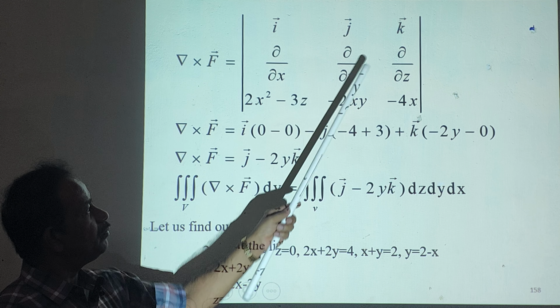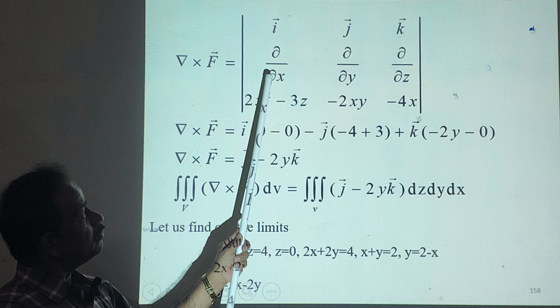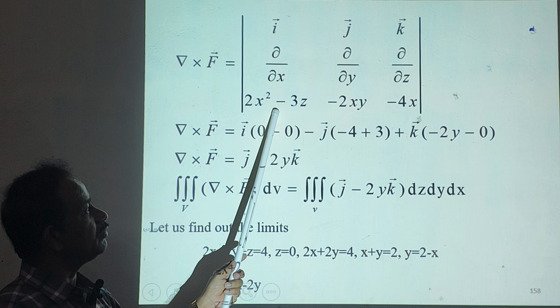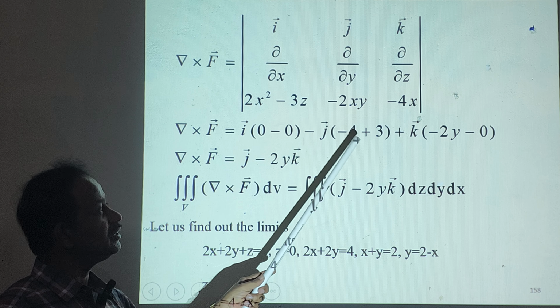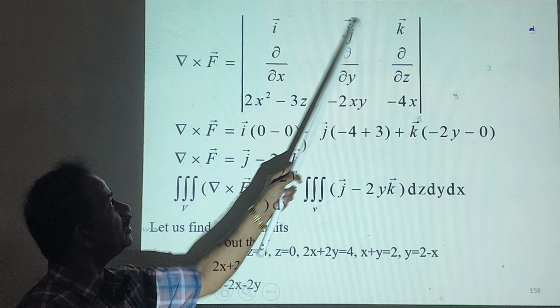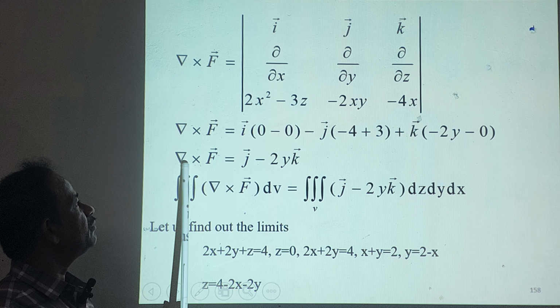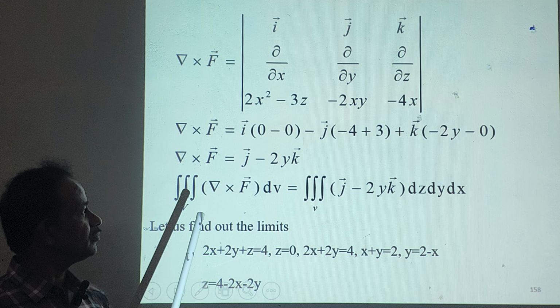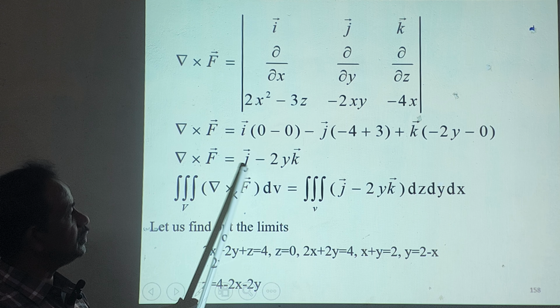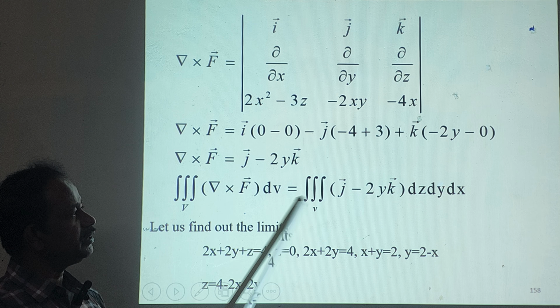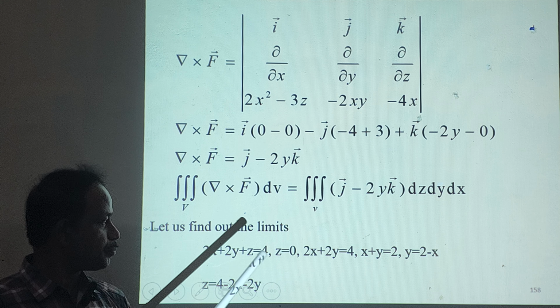Minus j, we have this one and this one, that will give you minus 4. And this one and this one will give you minus of minus 3, that will give you plus 3. And the last one is k times minus 2y minus 0. So we have del cross F given by this. So the triple integral of del cross F dV is given by this expression.